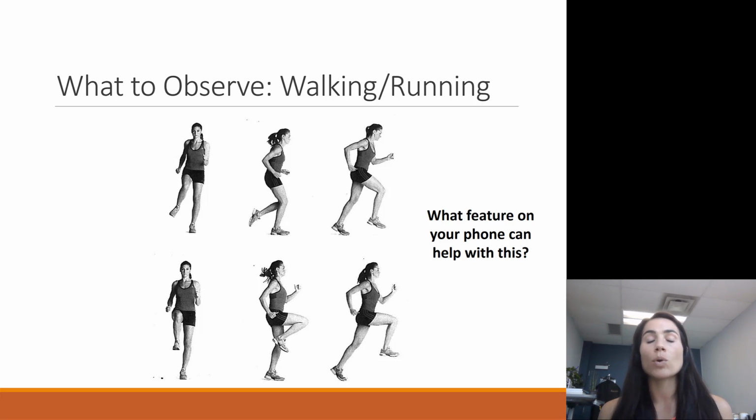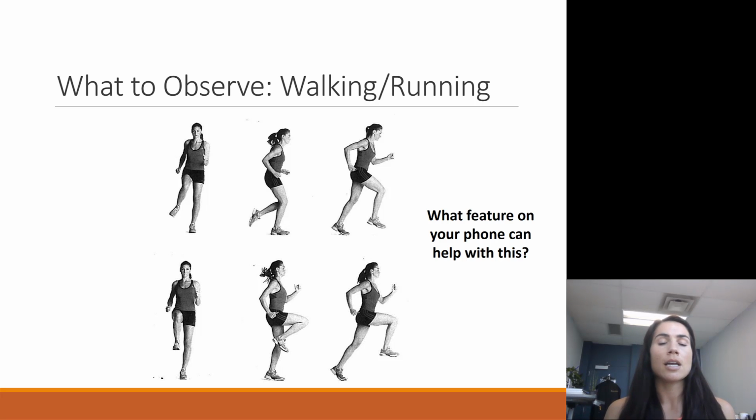One of the best ways to observe someone's posture while running or walking is to use your technology. If you think about what technology you have access to that will help this process, some of you are thinking, I can use my phone, and the answer is right, but I want you to take it to the next step. You can actually film them in slow motion so that as you play it, you can really see any of these deviations.